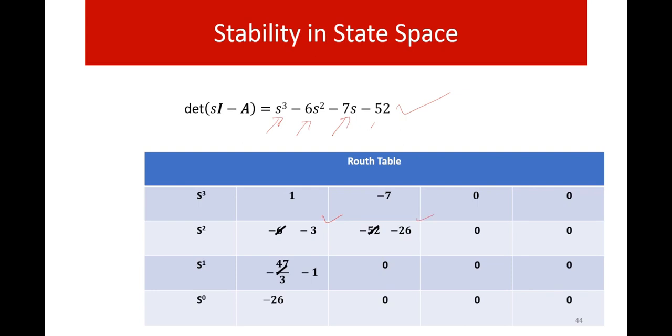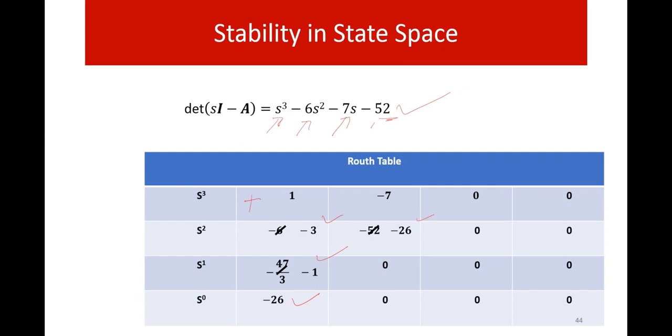So by using the similar process as already explained, we find the next component of the row, which is minus 1, and next these elements will be 0, and the last element is the multiple of this last element, which is minus 26.